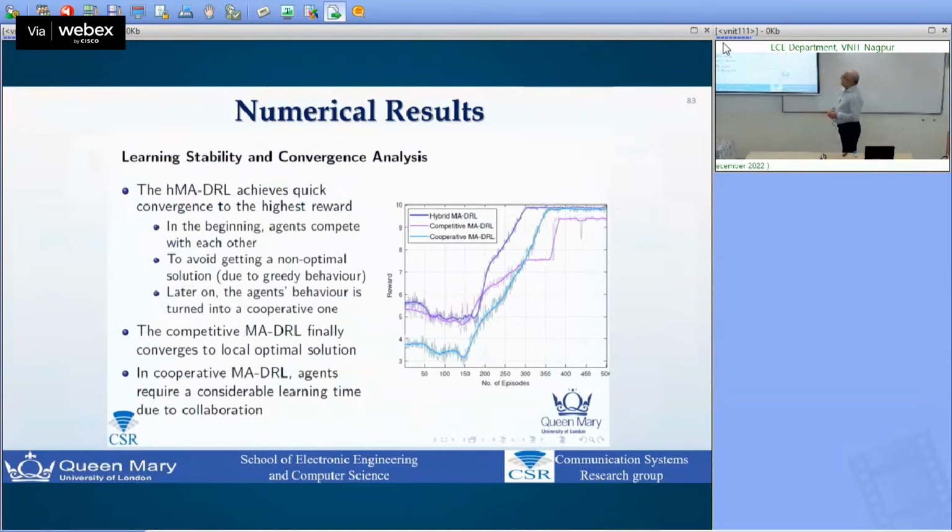The cooperative one is initially slow, but in the long term it reaches a reward like hybrid. So the hybrid achieves better performance compared to competitive alone or cooperative alone, because it takes the benefit of both.